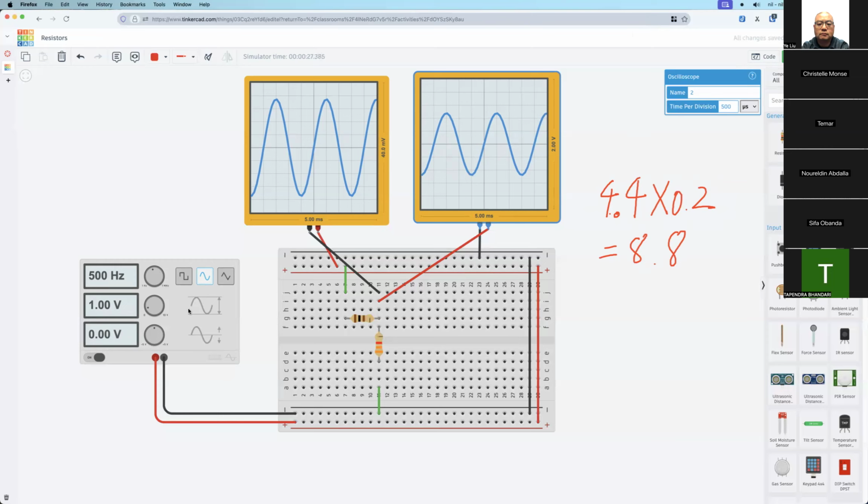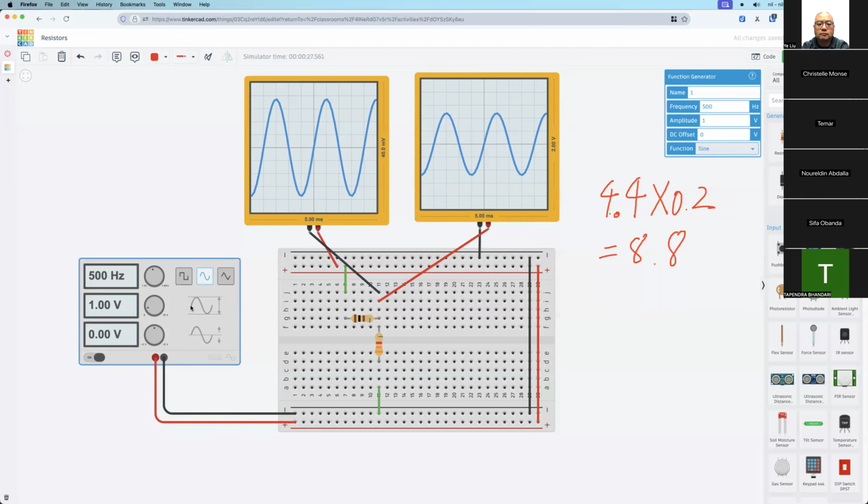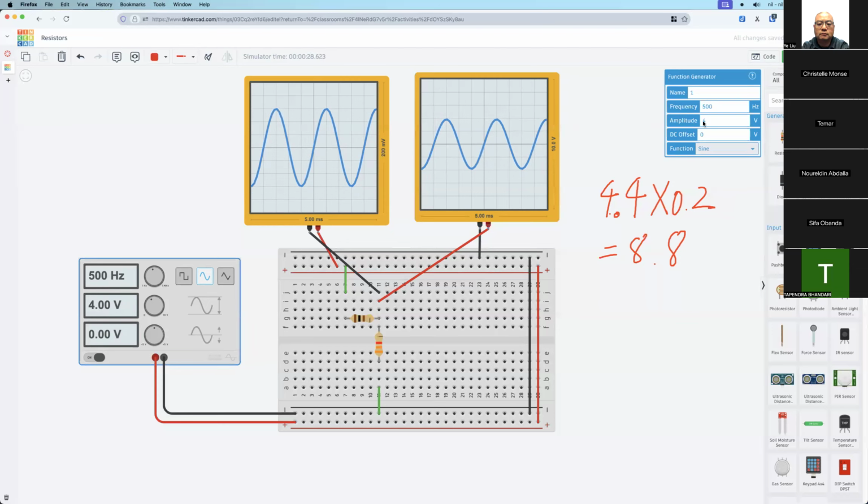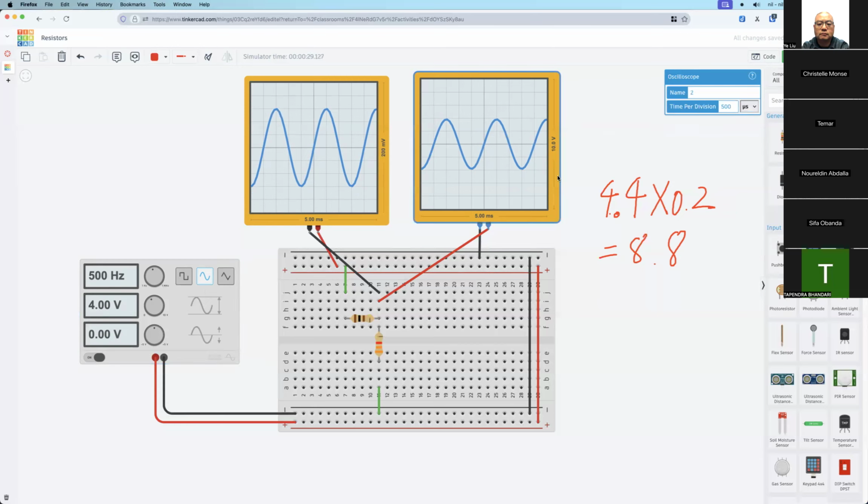This one is the peak to peak value. Just remember this. Let's try 4 first. Okay, now I set the peak to peak value to 4 in the function generator. In the right oscilloscope, you can see the setting is now 10 volts from top to bottom, which means 1 volt per division.